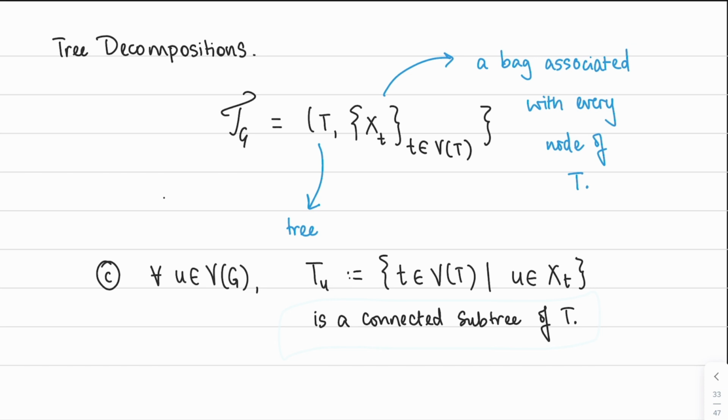Now, it turns out that once you do have a valid tree decomposition that satisfies all these conditions, then you get some really nice separation properties as a side effect, which turns out to be just the thing that you need to prove the correctness of some dynamic programming approaches, as we are going to see. But before we move on, let's just look at an example of a valid tree decomposition for a graph.